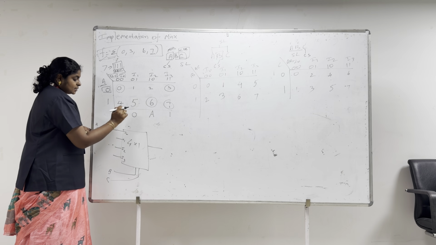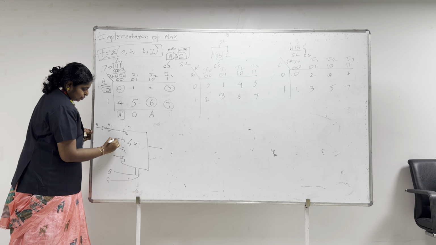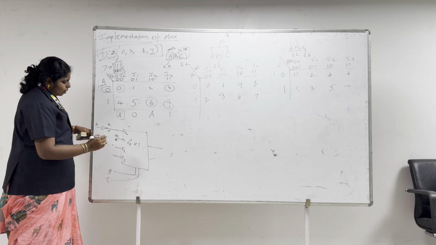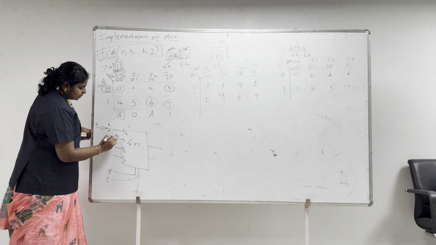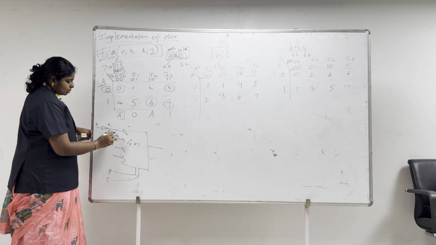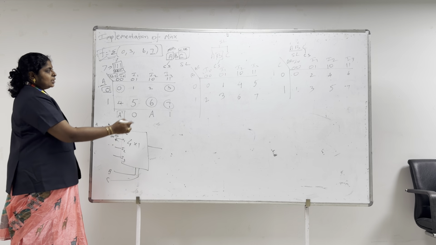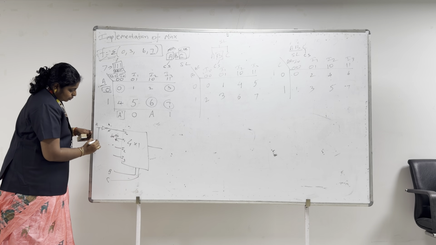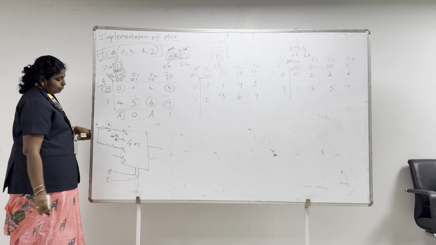Similarly I1 is 0, therefore it is not used, so ground or 0 volt. You can label it as 0 volt, or use the ground symbol, or simply write GND. Any one is enough. Similarly, I2 is A, so I take A over here and connect it to I2.